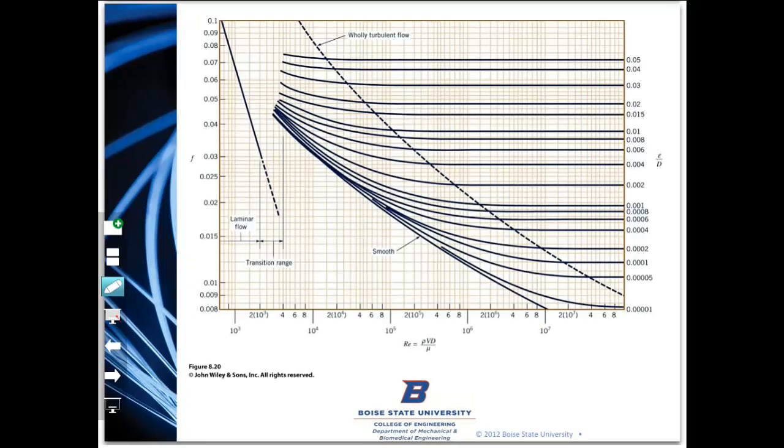So now we know that it is a smooth pipe, and it's somewhere here in terms of Reynolds number, 6.98 times 10 to the 4. So go up vertically onto the smooth line and then go horizontally, and you can see that it's a number close to 0.02, the friction factor.